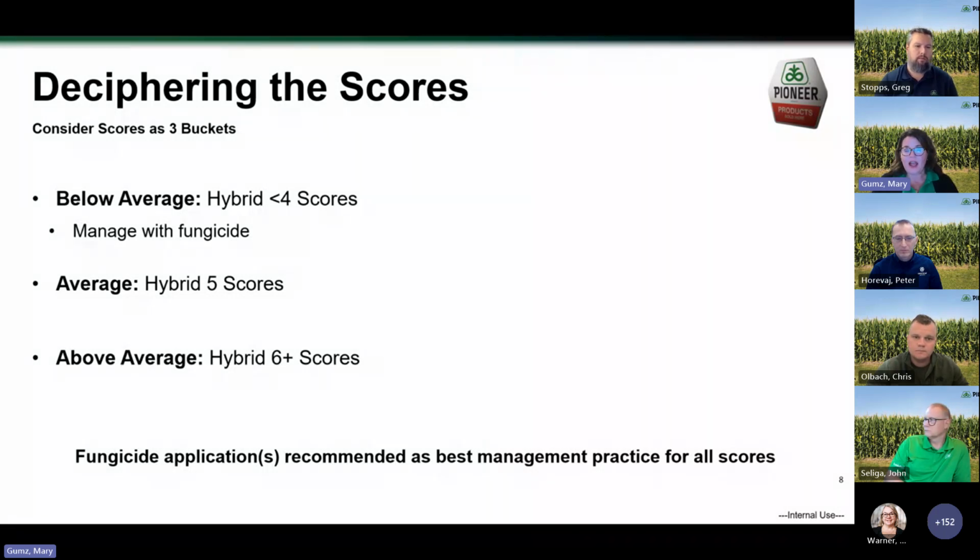And as we refine our screening and we start specifically selecting for tar spot resistance, you're going to see more things getting up into those 7 and 8s. Really, though, if we have a major tar spot outbreak, we still recommend fungicide application as a best management practice for all scores.